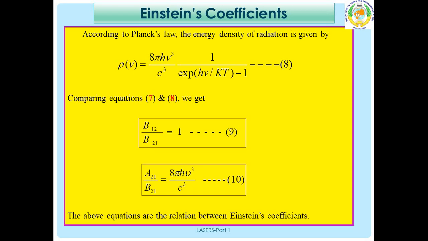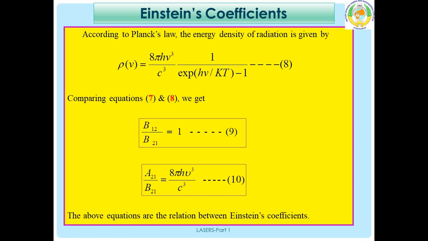So Planck's radiation law states this expression for the energy density, and equation 7 we have got from our concept. So anyway both these things should match. So comparing equation 7 and 8, what do we get? In the denominator B12 by B21 is equal to 1, and in the numerator we see that A21 by B21 equals 8 pi h nu cube by c cube.